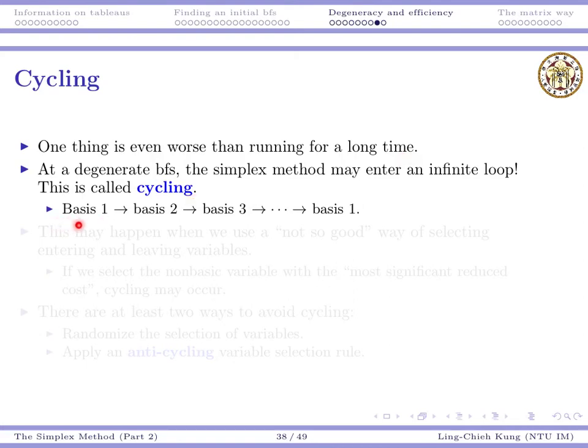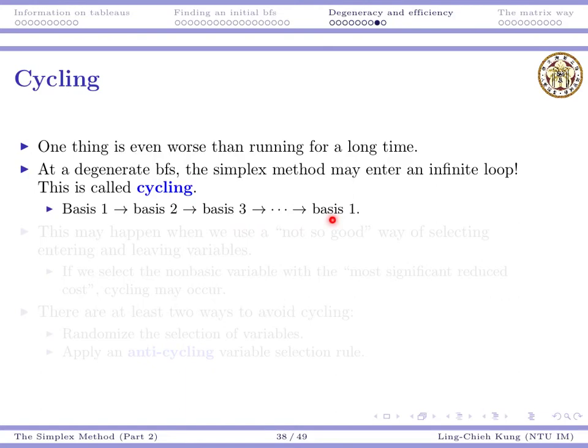If I am currently at basis 1, and this is a degenerate solution, that means there are multiple bases corresponding to the same basic feasible solution. Then it's possible that in one iteration I move to another equivalent basis, and then another equivalent basis, and then go back to myself again. That's possible, and examples have been created to show that this is possible.